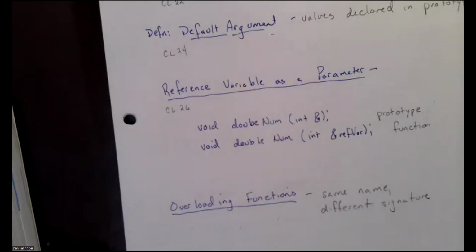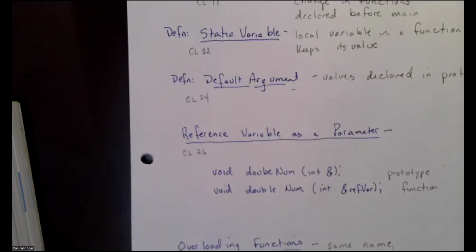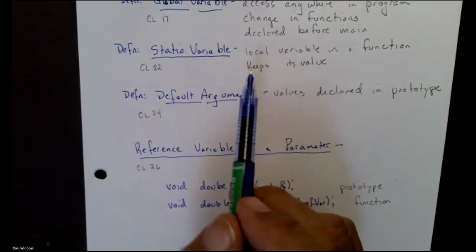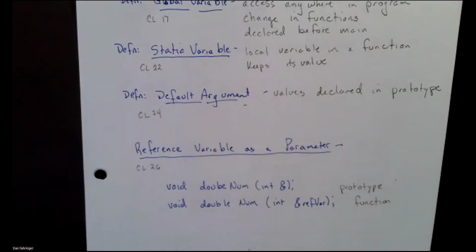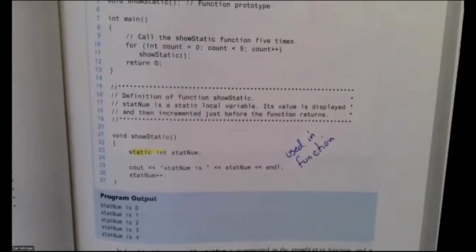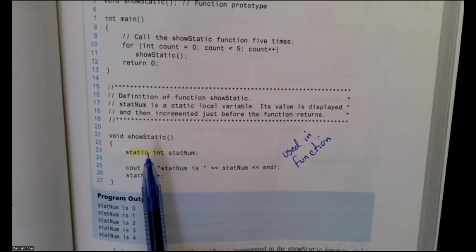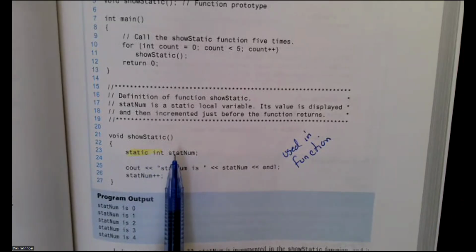What else? We have a static variable. There it is. It's a local variable that keeps its value inside of the function. And if I jump over to code listing 22, finally that word static starts to make a little sense. By this being static, its scope stays for the whole program.